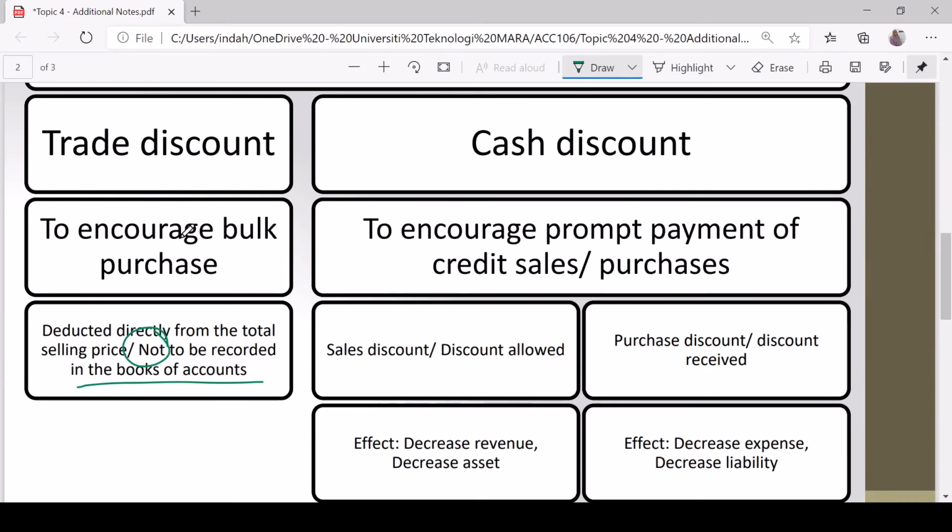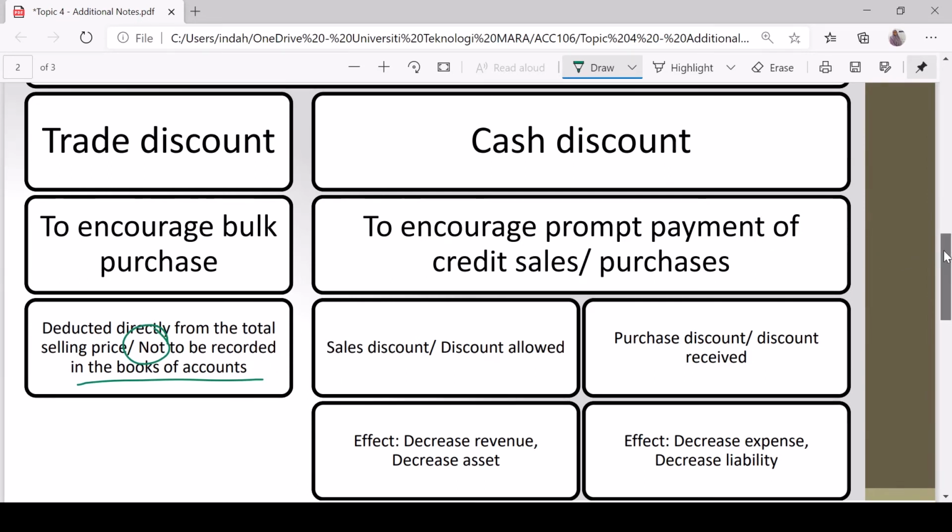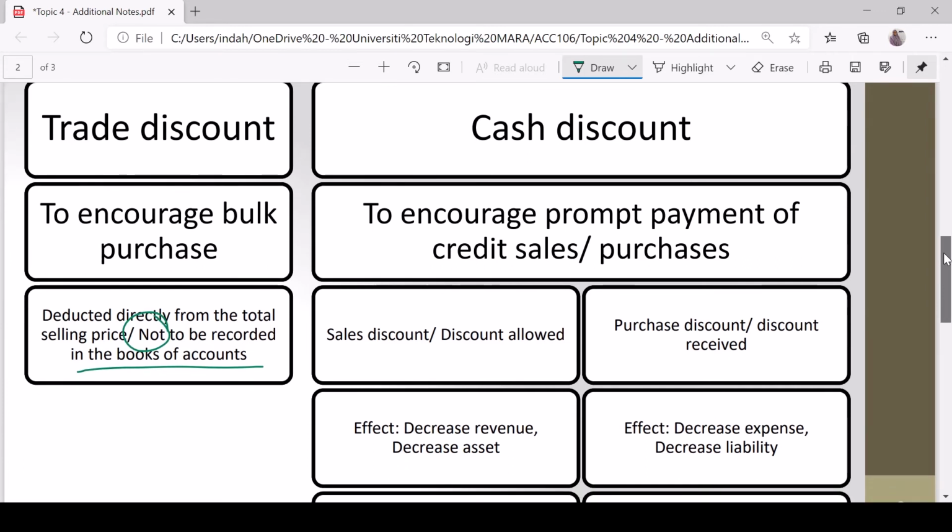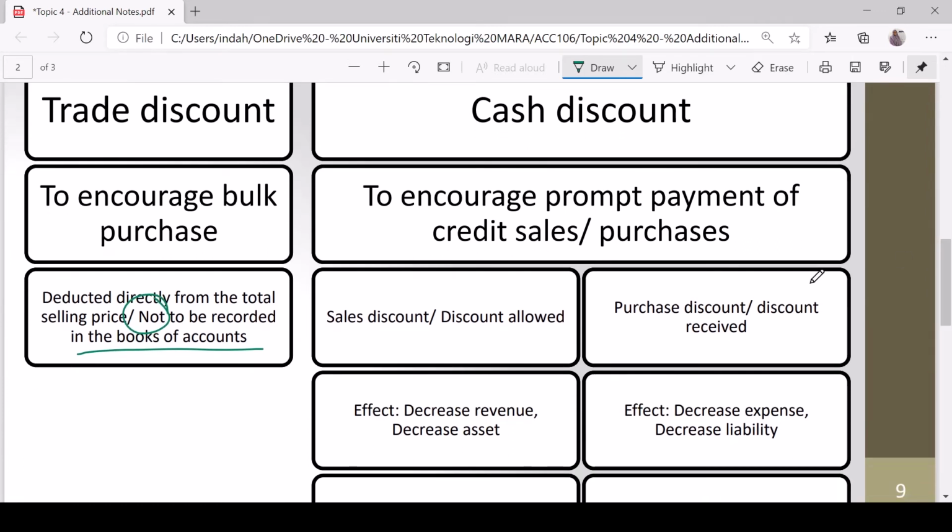If the customer is wise enough, maybe the customer will make a payment within 30 days and receive the 5% discount. Similarly for purchase of goods, if we purchase goods on credit, there is a possibility that the supplier will offer us a discount if we make an early payment.